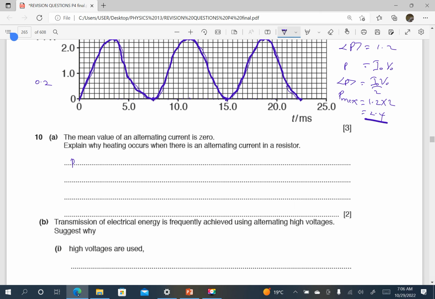Power depends on the product of I and V. And we know that I and V are always in phase.